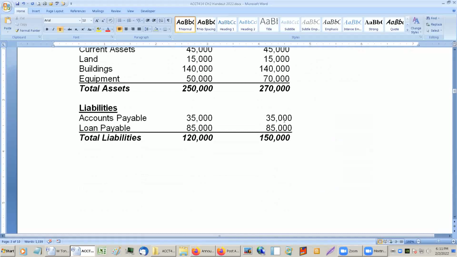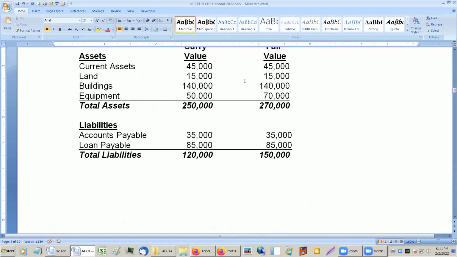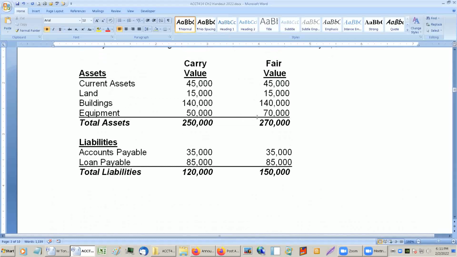Okay, so we have these fair values for the assets. This is what we're going to put on the books. These are all the fair values. And these are the liabilities.